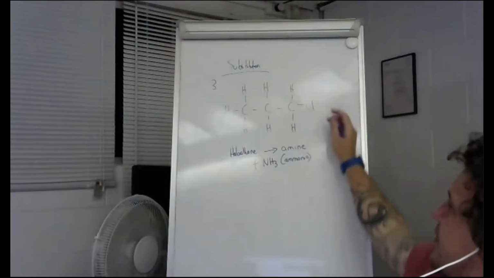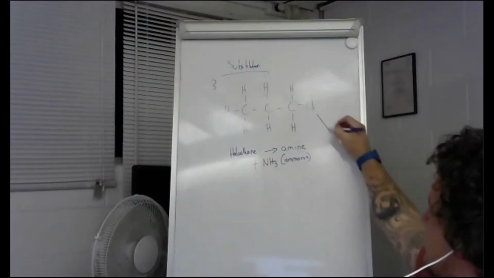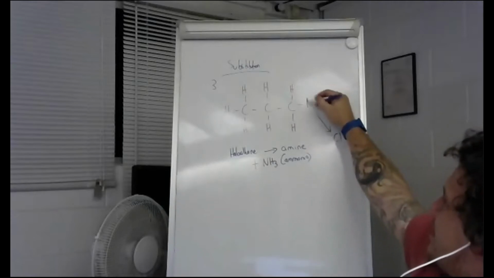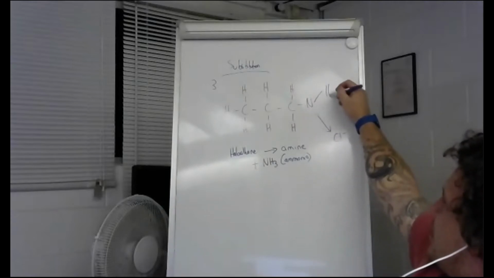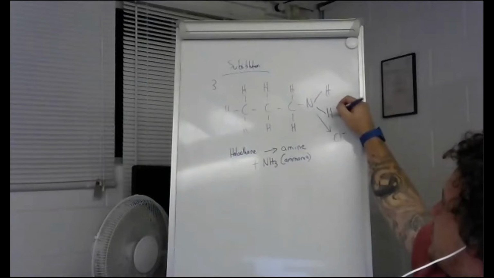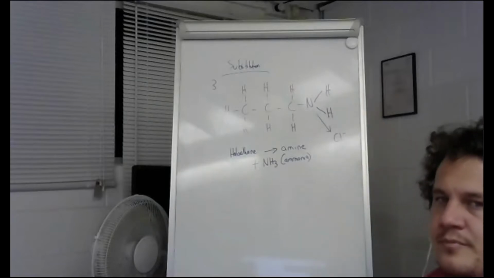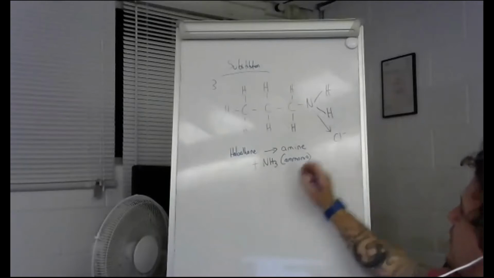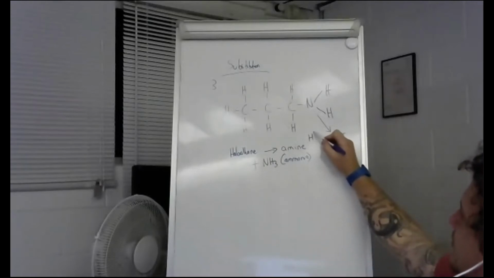So we add NH3. Chlorine gets kicked off. We add N and then 2 hydrogens. We've then got 1 more hydrogen left.